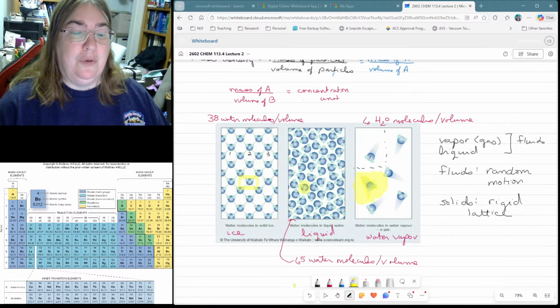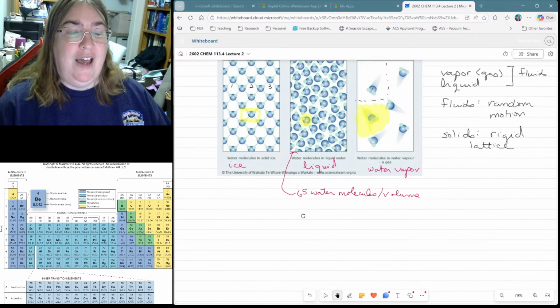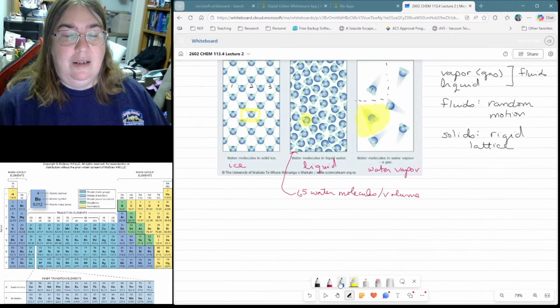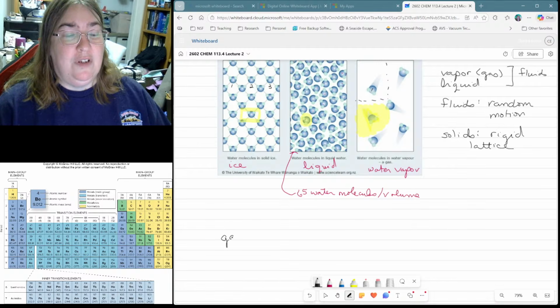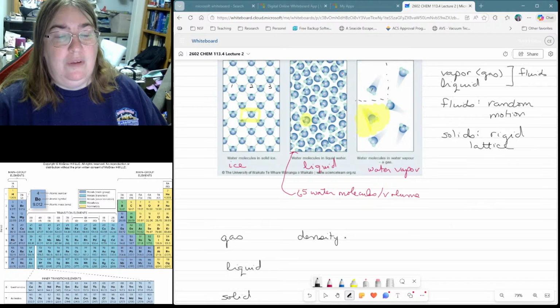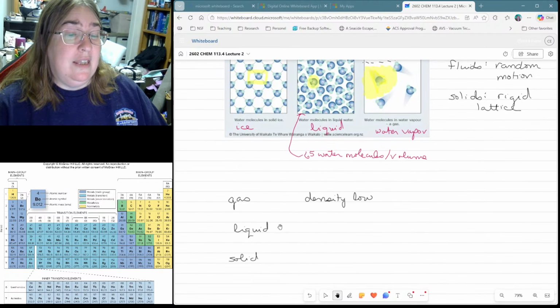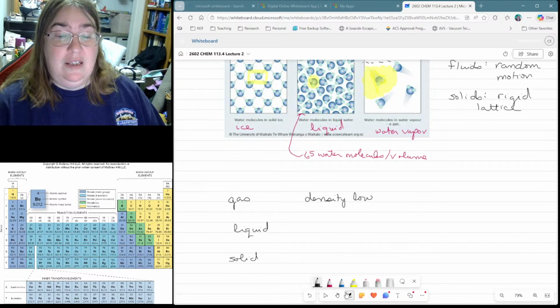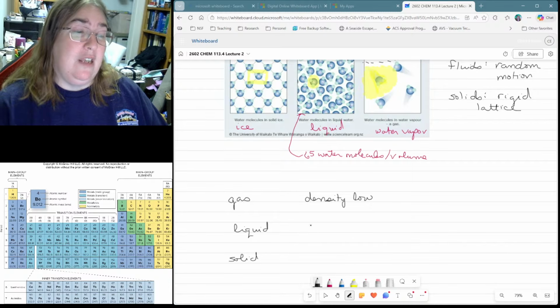This is an important concept though: what defines the difference between these phases, gas, liquid, and solid, is density. So density low. Now, it's not always the case that the liquid has a higher density than the solid. In fact, that's rare. Usually the solid has a higher density.